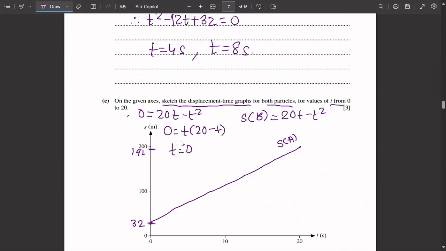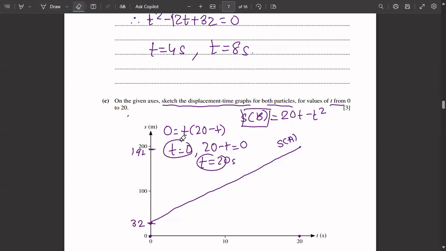Therefore, t equals 0 and 20 minus t equals 0. So t will be equal to 20 seconds. So that means displacement of B is equal to 0 when time is 0 and time is 20. Now that we are clear with this, let's move ahead.